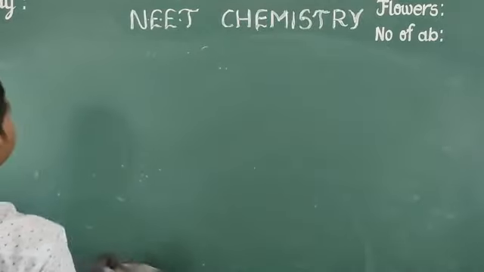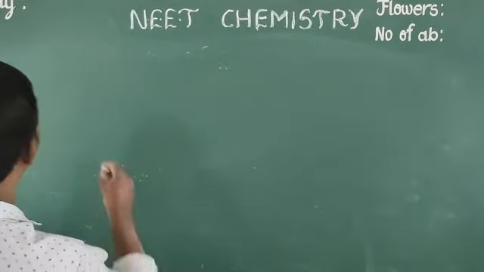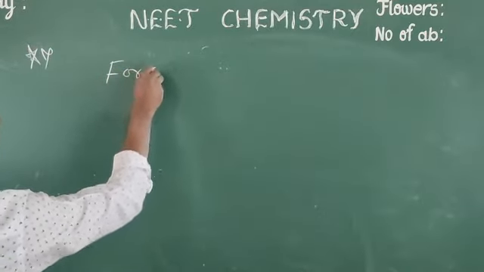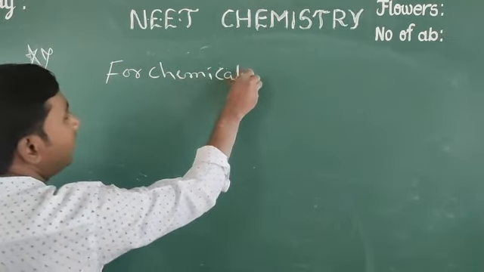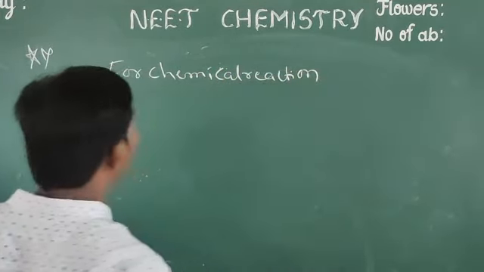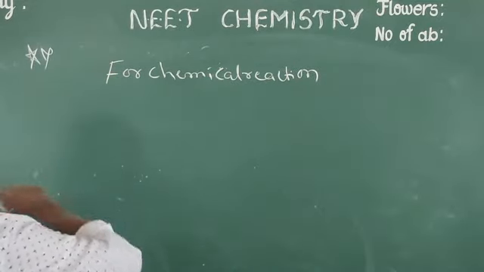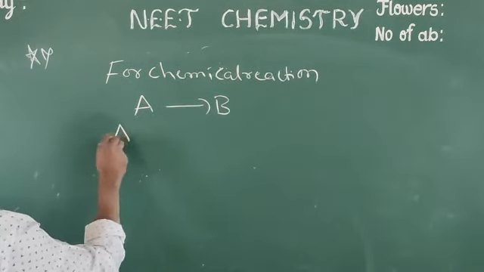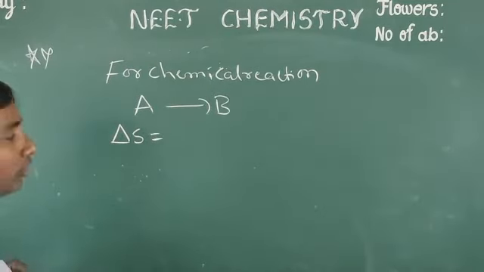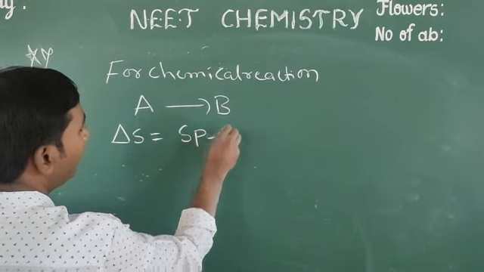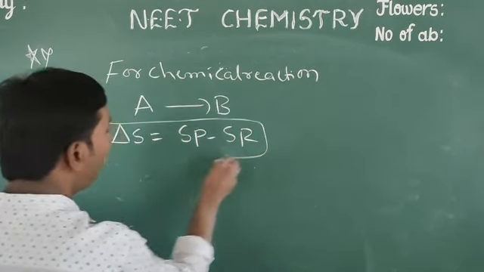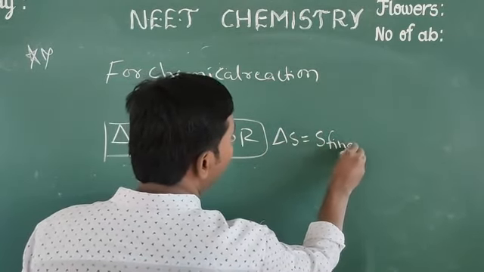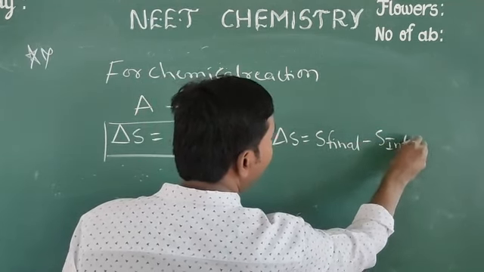Next one. For a chemical reaction, listen, A to B. Entropy change del S equals entropy of products minus entropy of reactants, that is, entropy of final minus entropy of initial.